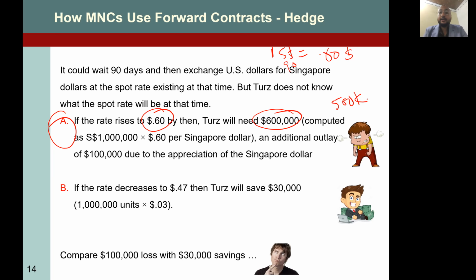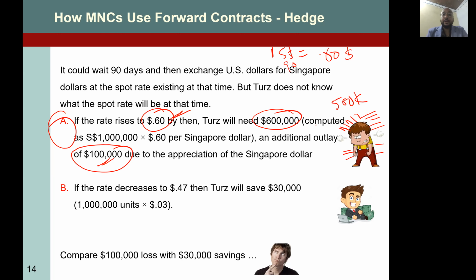And after 90 days, if the price is $0.6 to a Singaporean dollar, then they would be needing an extra $100,000, which is a huge amount. All right. So they would be very worried about the exchange rate risk. So this is called exchange rate risk.